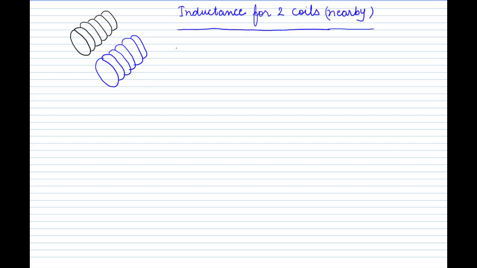One more thing we want to calculate: if we have two coils which are nearby, so we can see that there are two coils nearby, and the current is flowing in both the coils. So the flux linked with one coil is the sum of two fluxes.